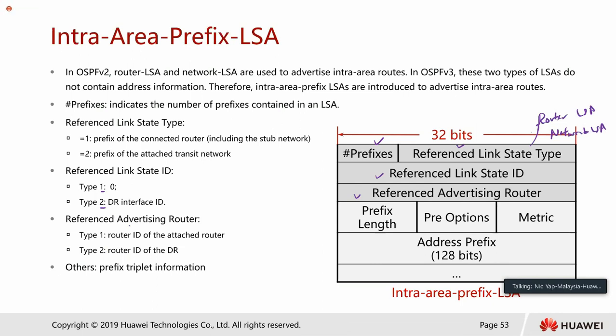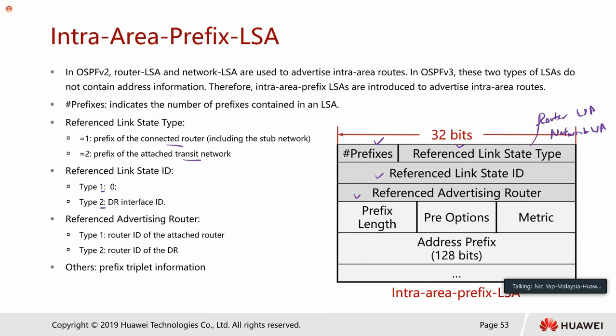And the rest is all the other prefix information that you're forwarding inside the intra-area, so the connected routers and transit, on the reference link state type.